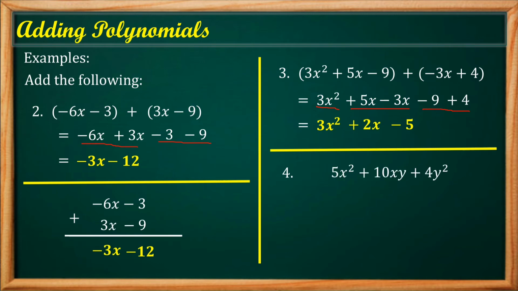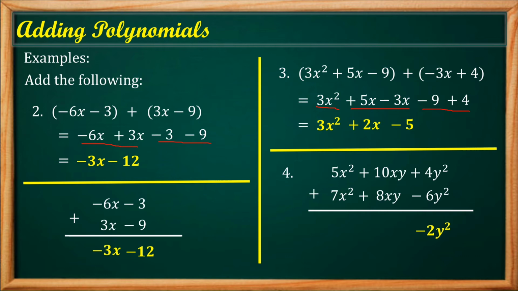Now, number 4, we will have 5x squared plus 10xy plus 4y squared plus, dito naman arrange in column tayo, 7x squared plus 8xy minus 6y squared. Una, start from the right. 4 plus negative 6 is negative 2.